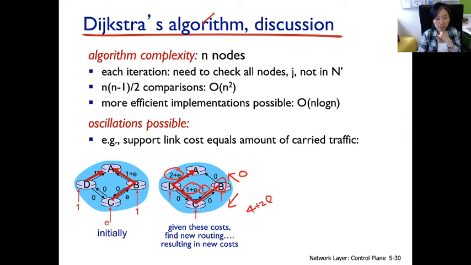So obviously, BA is the better path. C's cost going this direction, 0 plus 0, cost is 0. The cost of the other direction, 1 plus E, 2 plus E, 3 plus 2E. So C is going to switch going this direction to send the traffic.